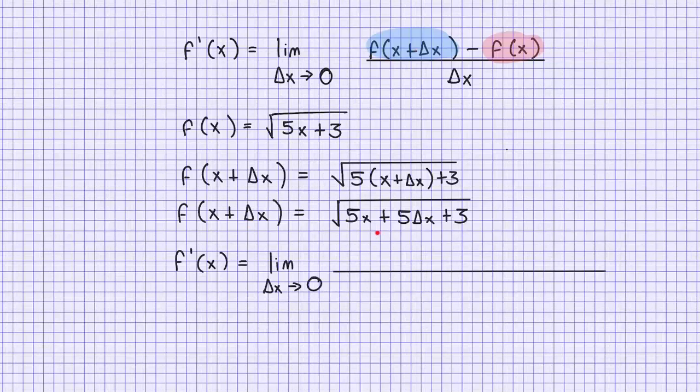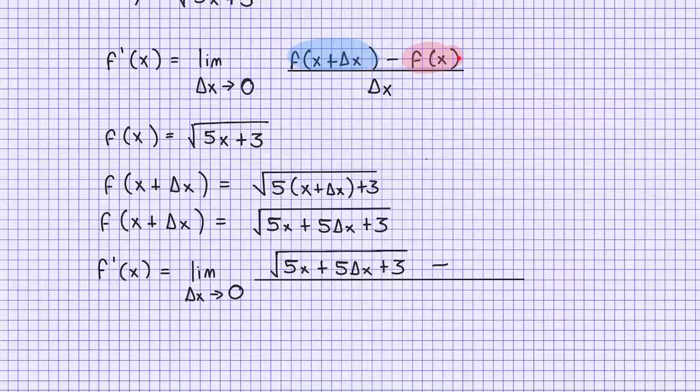So we need to write this. This will be minus f of x, which is this. So there we go. And in the denominator, we have delta x.